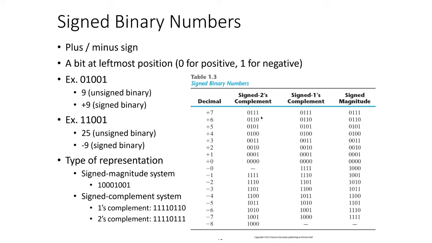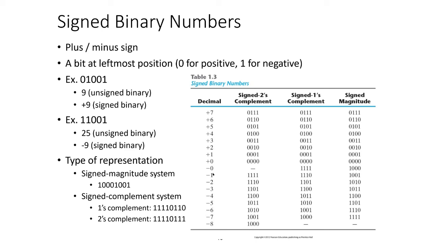In all three cases, it's going to be the same, until we get to a negative number representation. In each case, that last bit is used to represent the sign, either positive or negative.